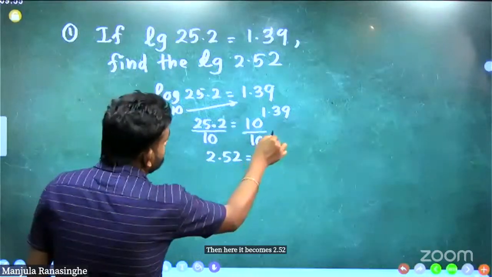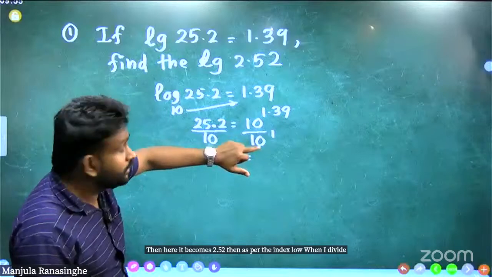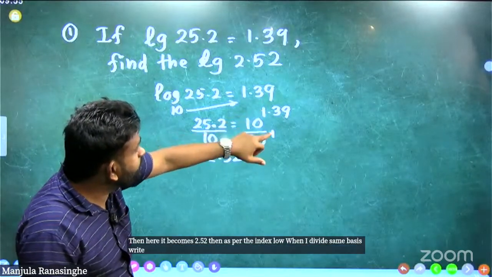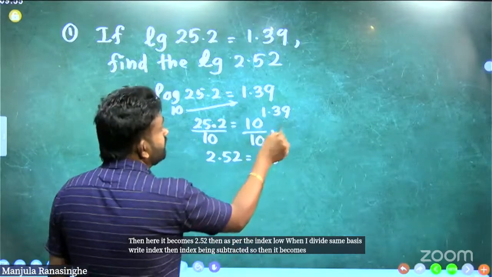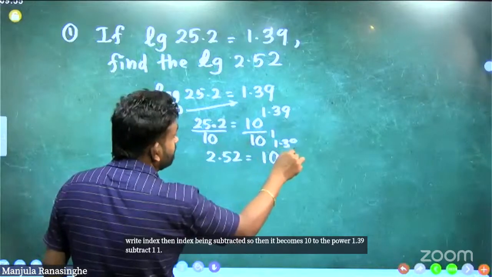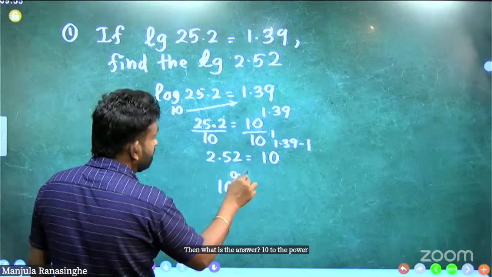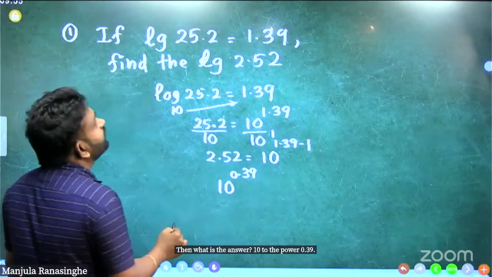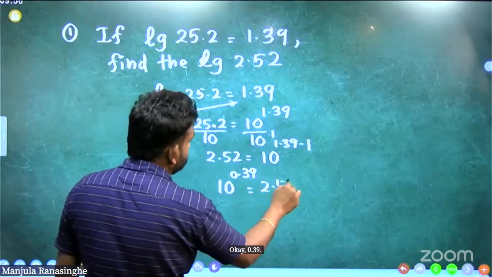Then as per the index law, when I divide the same bases, the indices are subtracted. So it becomes 10 to the power 1.39 minus 1, which is 10 to the power 0.39, equal to 2.52.